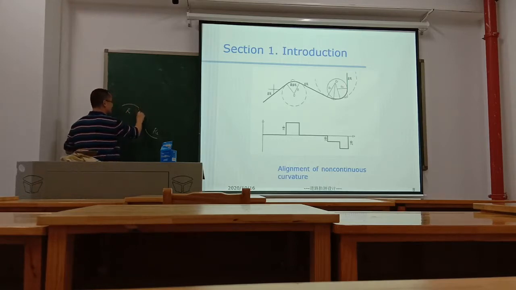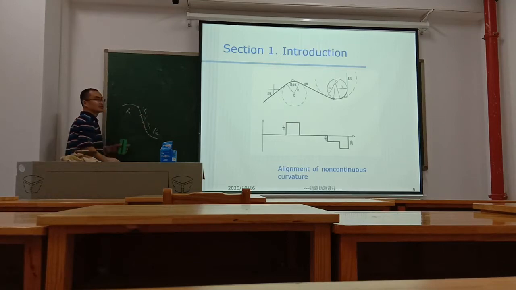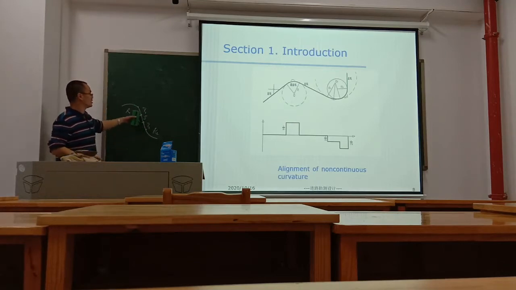This is the first transition curve, T1. This is the second transition curve, T2. And this is the straight line, S.